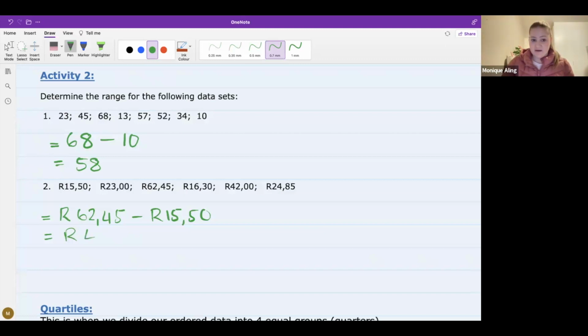Nice. 46.95. Awesome. Well done. Okay, just remember, because it's money, we have to keep it to 2 decimal places.